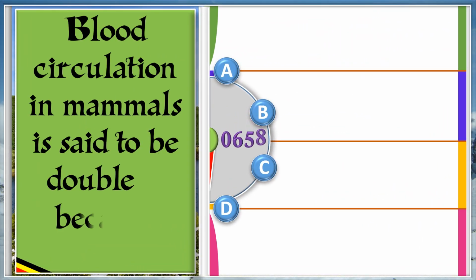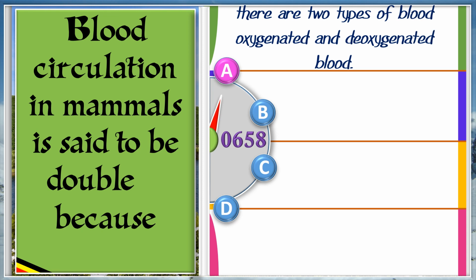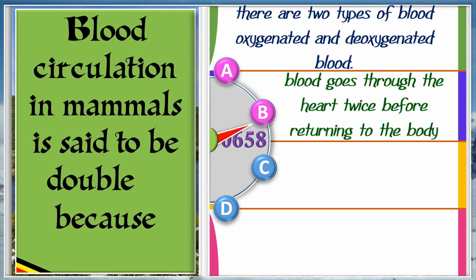Blood circulation in mammals is said to be double because A, there are 2 types of blood, oxygenated and deoxygenated blood. B, blood goes through the heart twice before returning to the body.